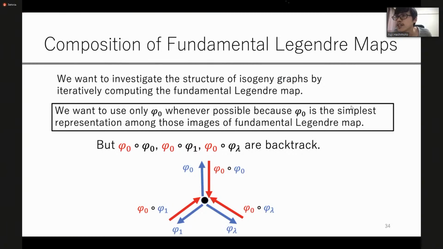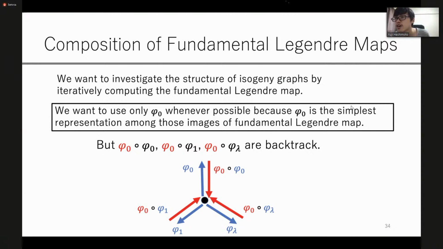We want to investigate the structure of isogeny graph by iteratively computing the fundamental Legendre map. We want to use only phi 0 whenever possible because phi 0 is the simple representation among those images of fundamental Legendre map.